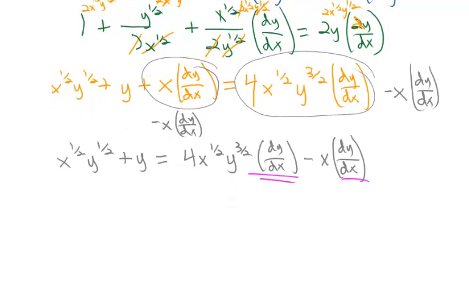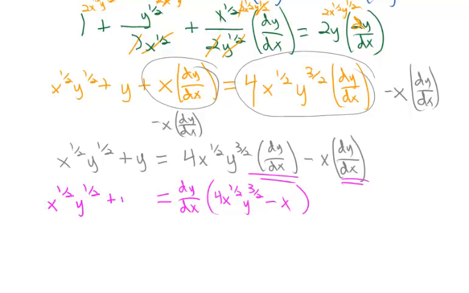What we're really interested in is that everything on the right has a dy/dx that we can factor out. And that leaves behind 4x to the 1/2, y to the 3/2, minus x. The left side's still the same, x to the 1/2, y to the 1/2, plus y.